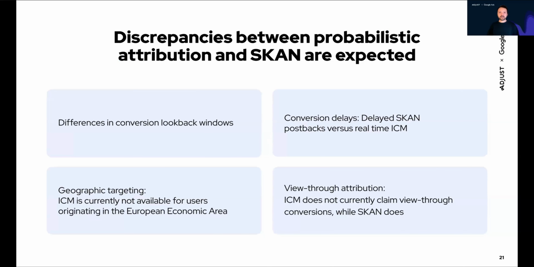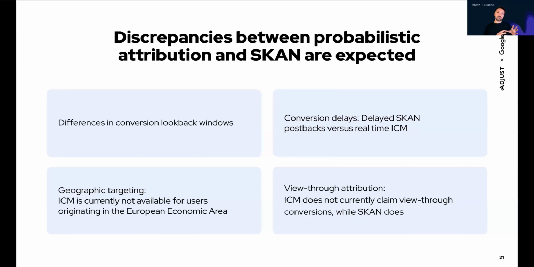As I said earlier, many have been using Apple's AdAttributionKit, formerly known as SKAdNetwork, or SCAN, as a way to gauge the performance of your Google campaigns. So you might be asking yourself, should I expect my ICM and SCAN numbers to match? The simple answer is still no. Discrepancies are expected because these systems are using different methodologies.